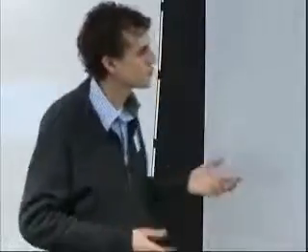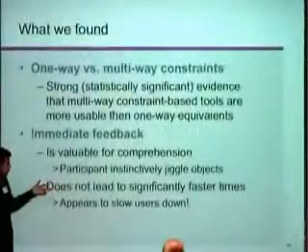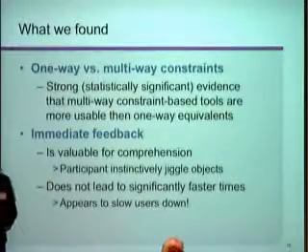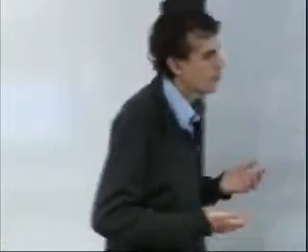The second thing that's really interesting is that the immediate feedback did not lead to significantly faster times, and this comes to your question. We went back and looked at why this was, and it turned out that the reason it's slower is that people have this system of real-world interaction where they drag something and go, okay, no, that's wrong.